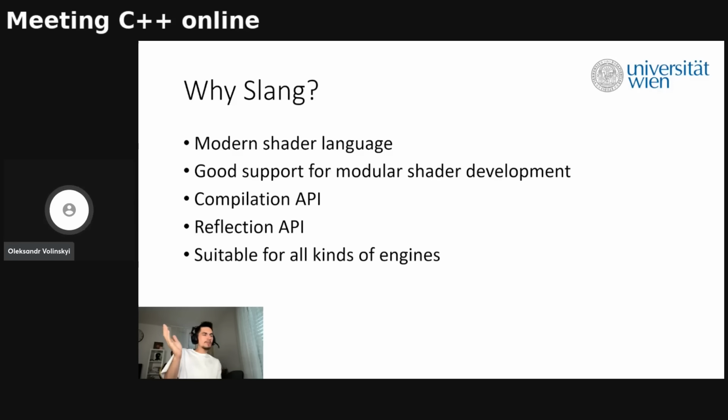The reflection API gets all the reflection data from the shader you need. That's perfect, and that made the Slang language a very good fit for my project, because I wanted both: shader generation and shader reflection extraction in one workflow.